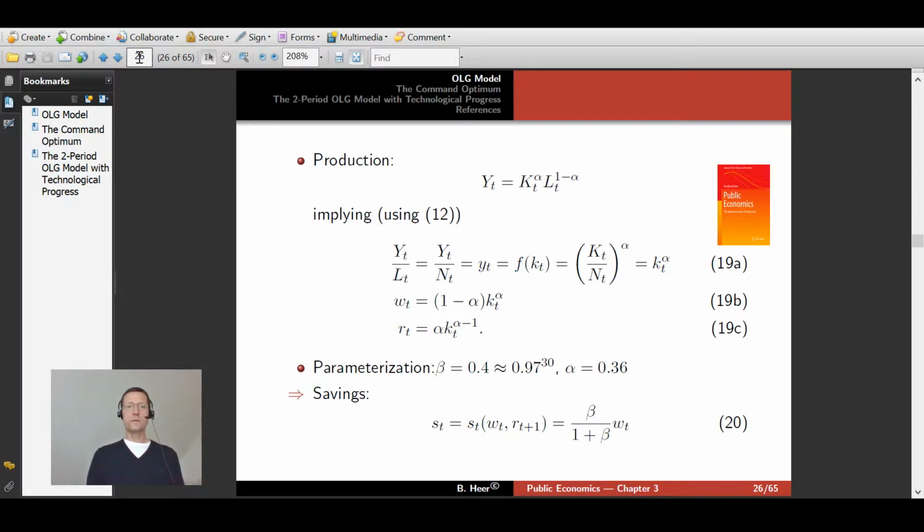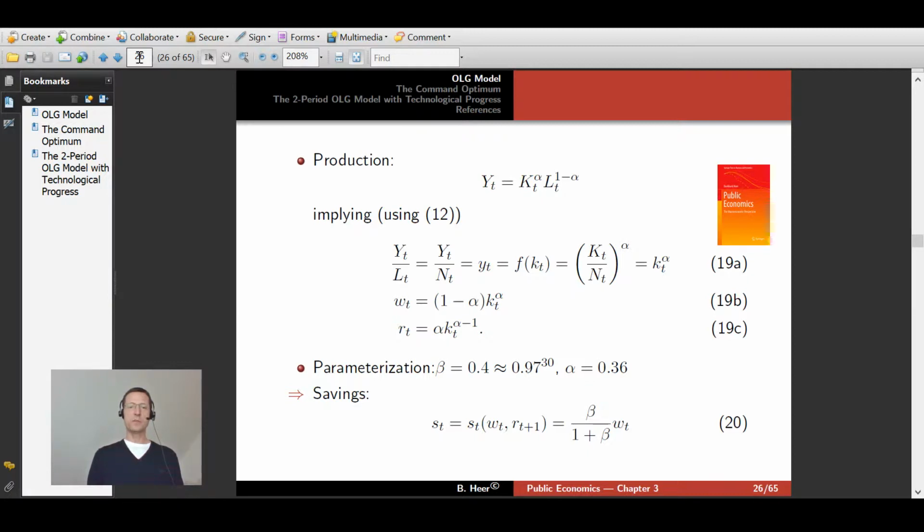As the production function displays constant returns to scale, we can express the wage w and the interest rate R as a function of capital intensity, lowercase k, which is simply defined as aggregate capital over the cohort size of the young agents N_t. We parameterize the model as follows.